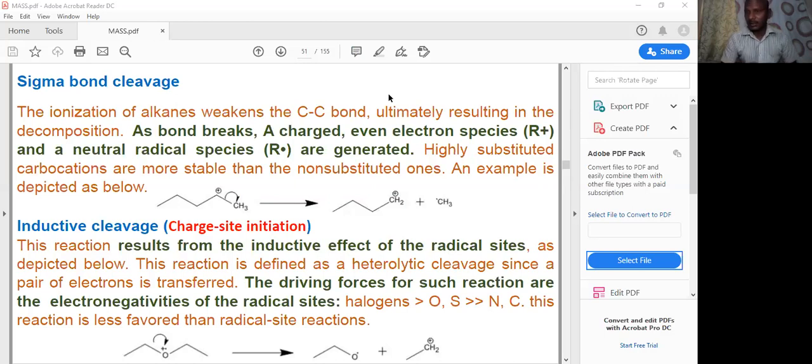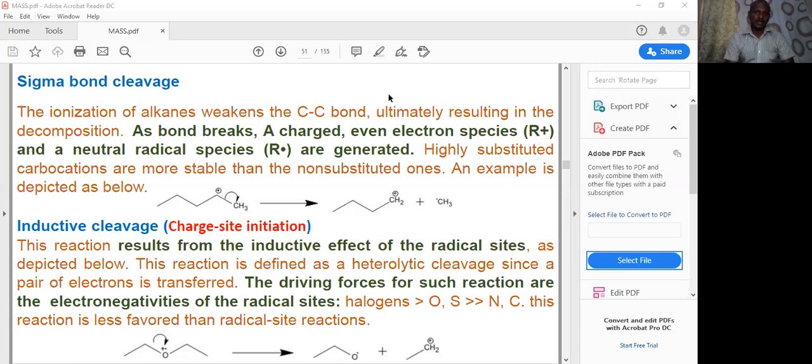Inductive cleavage is an example of heterolytic cleavage. In heterolytic cleavage, both electrons move, so it is an unequal distribution. In homolytic cleavage, we have seen that it is equal distribution. Inductive cleavage is also called charge site initiation.